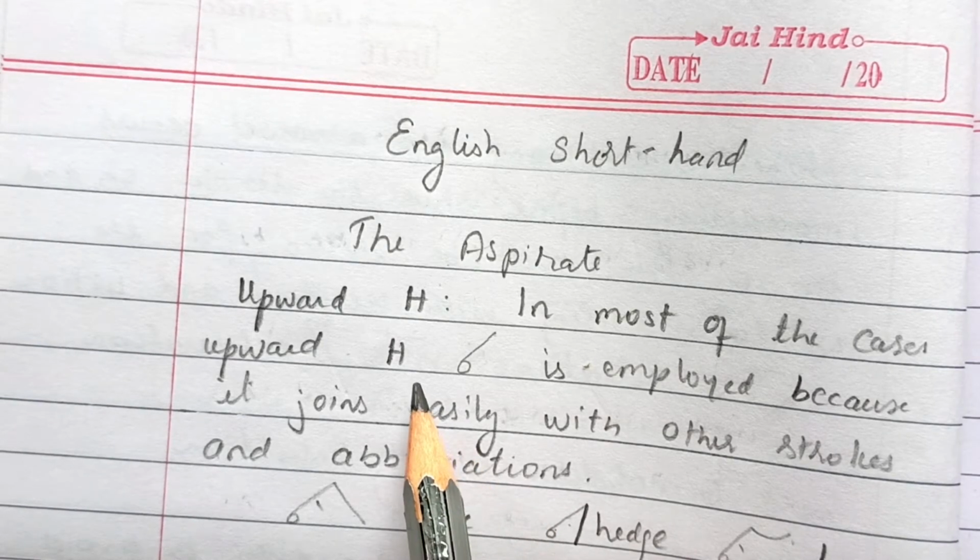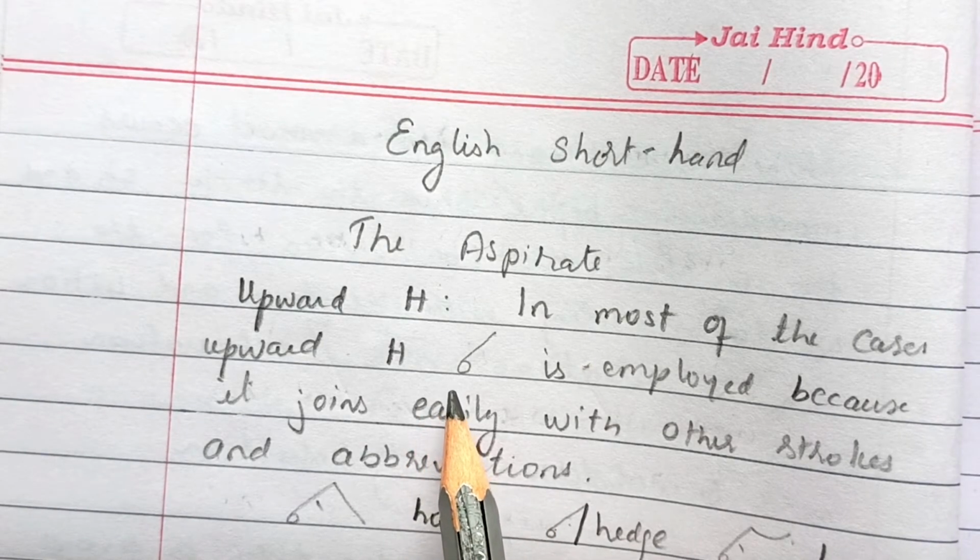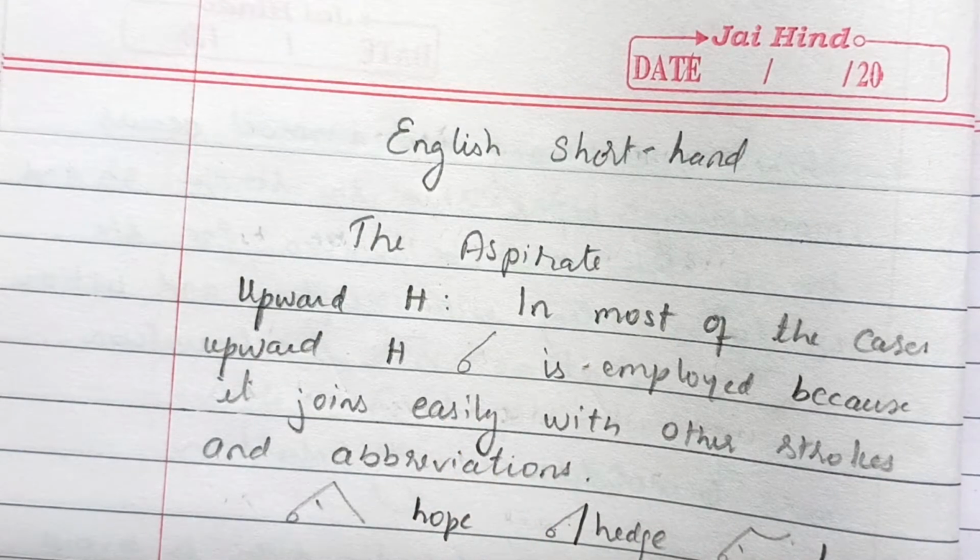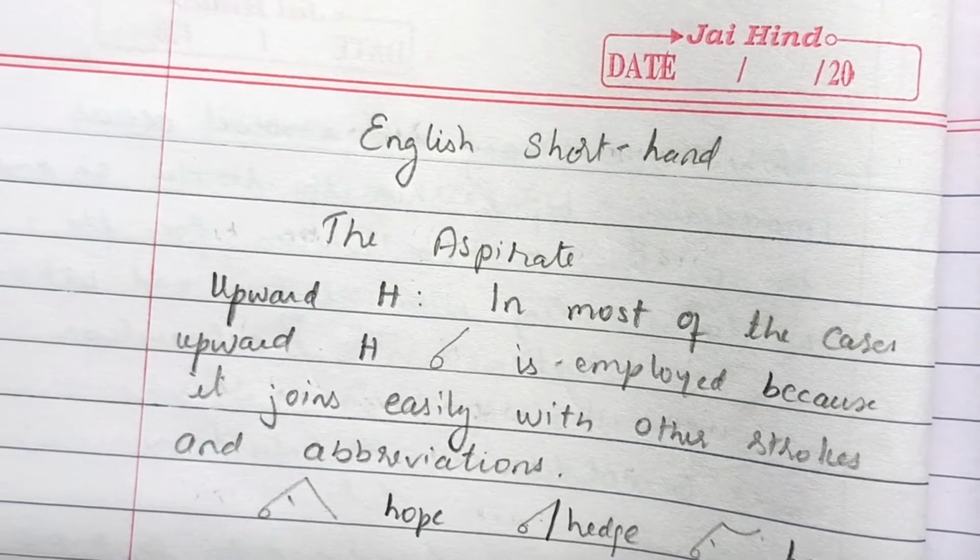So as we know, we have two types of H, both upward and downward. The upward H is usually employed.